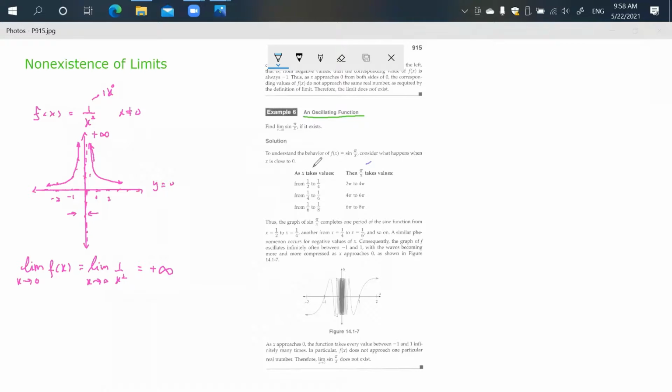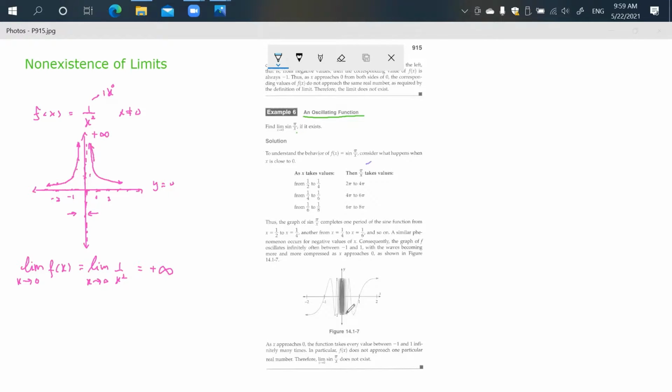Here the example starts from x equal to 1/2 and keeps approaching closer to 0, like from 1/2 to 1/8, from the right hand side.